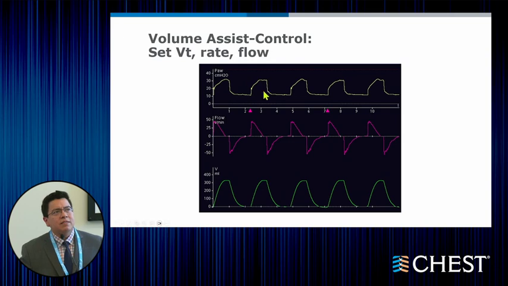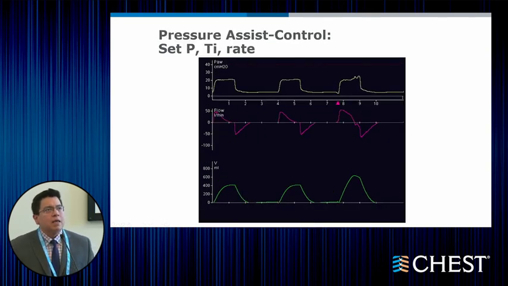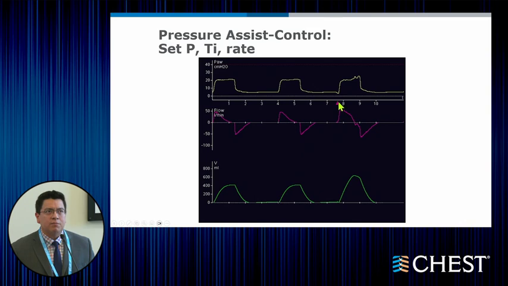So again, the things that we set on volume control are going to be the tidal volume, your respiratory rate, and your peak flow. We're going to cycle off towards expiration when we finish delivering the tidal volume that we have set. The difference with pressure control relies on the fact that, as you can see here, there is some degree of desynchrony towards the end of the breath in this breath that is initiated by the patient.